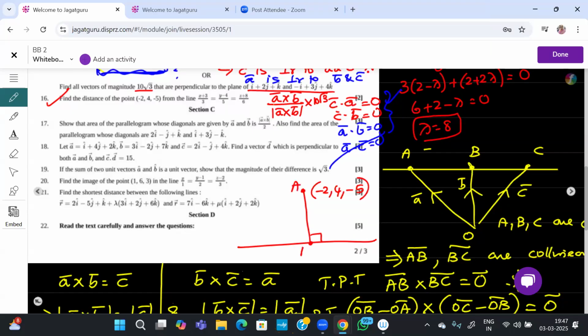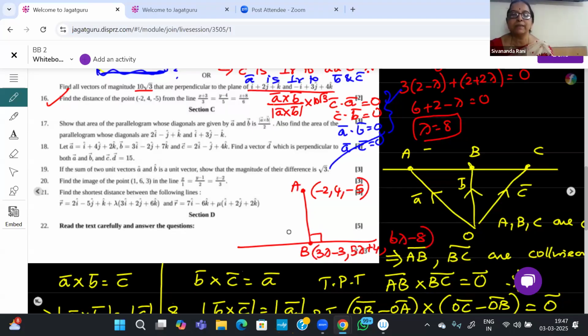Okay. So B can be got in terms of lambda, isn't it? 3 lambda minus 3, 5 lambda plus 4 and 6 lambda minus 8. Understood? So the DRs of the baseline are 3, 5, 6. Right?